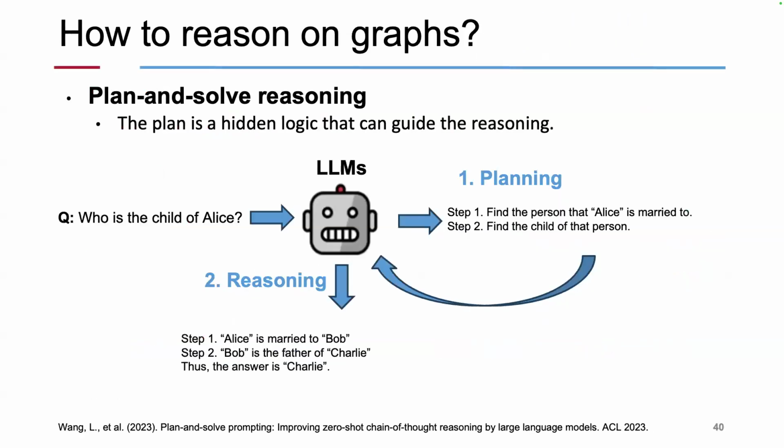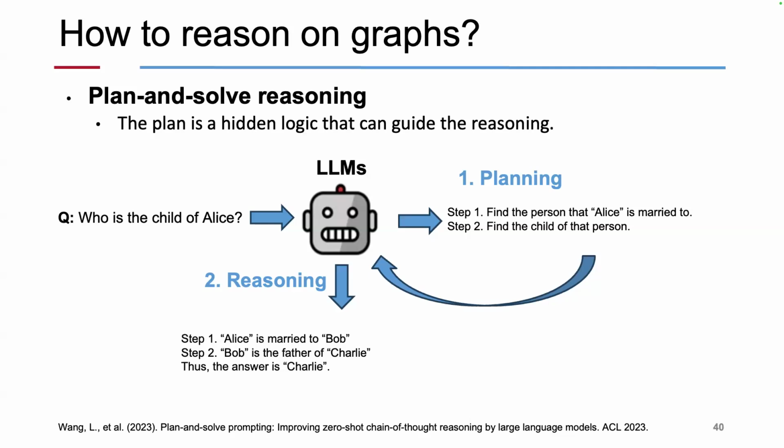So the question we just proposed is how we can conduct reasoning on graph. Here, we try to follow the paradigm called plan and solve reasoning. Like a human, when we face a complex question, we usually come up with a plan. Then we can conduct our reasoning following this plan.